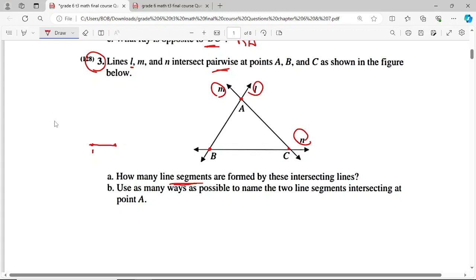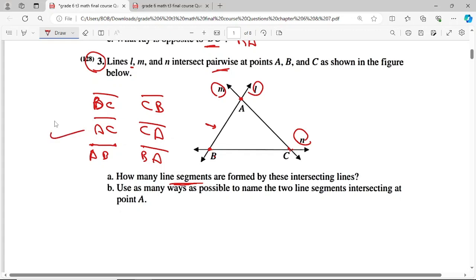The first line segment is AB, starting from here and ending here. AC is a line segment with 2 endpoints, and BC also. We can name them in another way by changing the letters. CB is a line segment, CA is a line segment, BA is a line segment. Each of them is true.